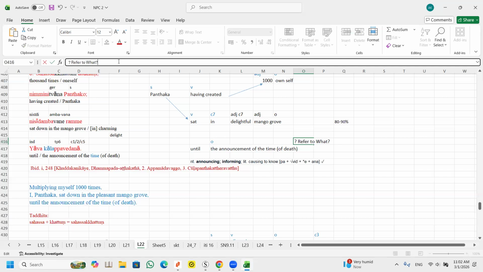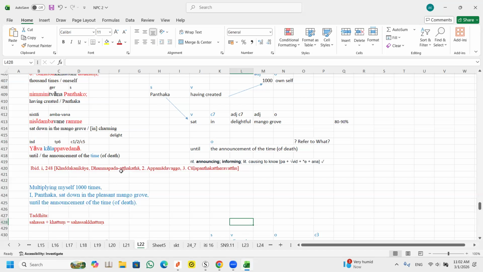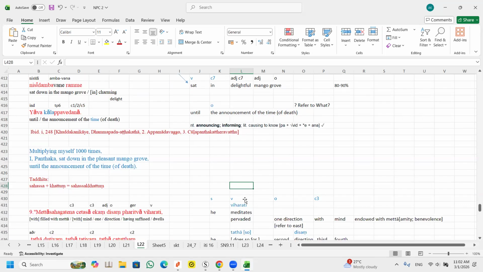Then you are able to dig into further information, then your translation will be complete, because this gives you only 80%, because the announcement of time is referring to what. So in this case, referring to the time of death. Understand? This is a challenge. All right. This is a challenge. This one nobody can help you already. I myself also cannot help myself.